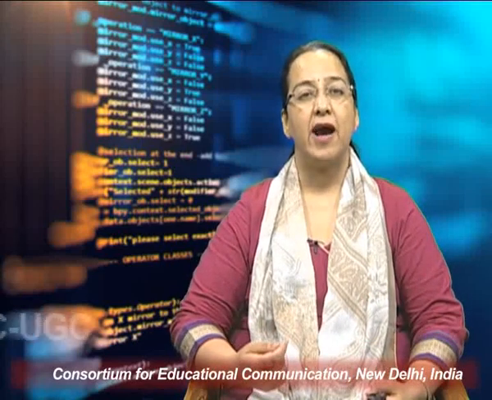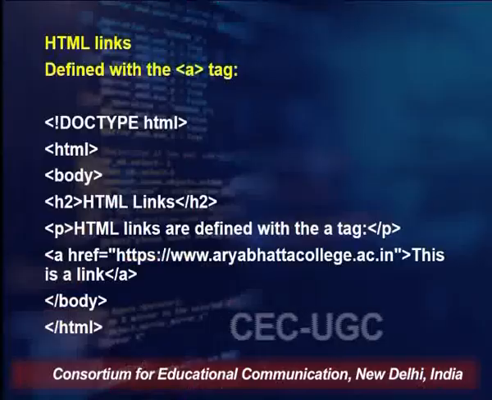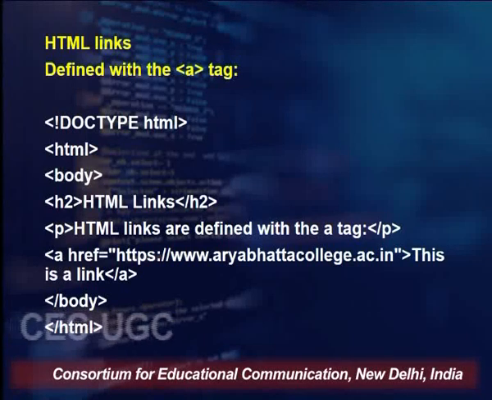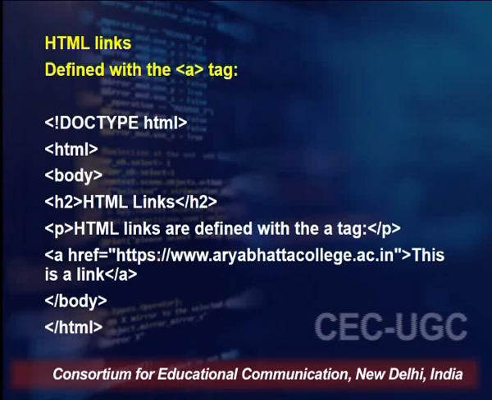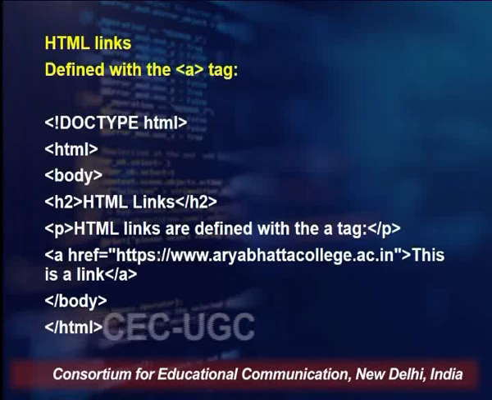So let's see how we are going to define the links. Here the links are defined with a tags. The a here is for anchor tag. Now let's say after HTML and body, we have written H2 HTML links, and then there is a paragraph.